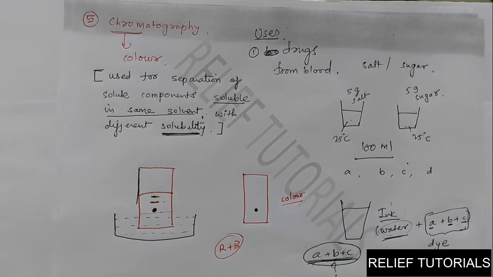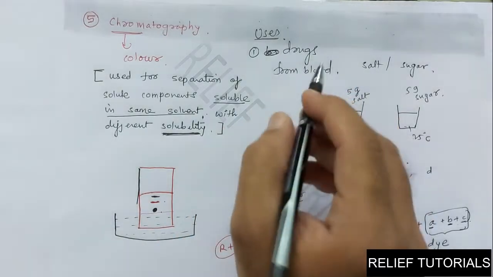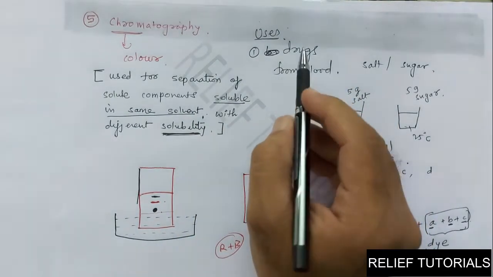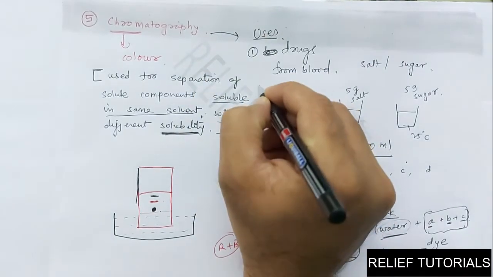Drugs here in the sense medicines. So whatever medicine you are taking continuously, those particles are mixed with the blood. While doing some medical checkup of the blood, first of all they have to remove the drug particles which are already present in the blood. So to remove those drug particles from the blood, chromatography is used.